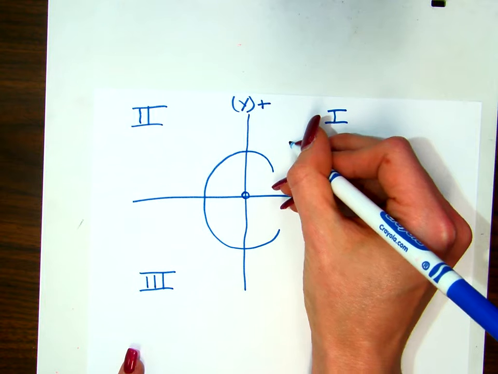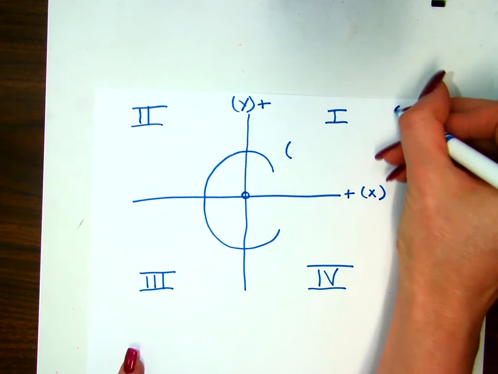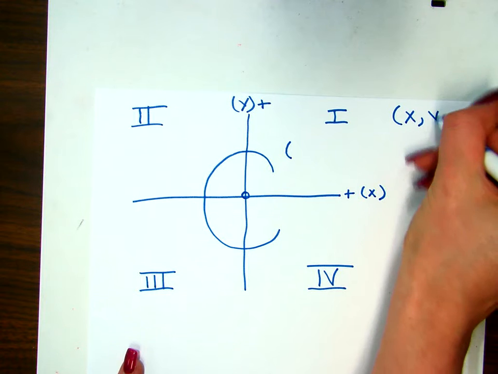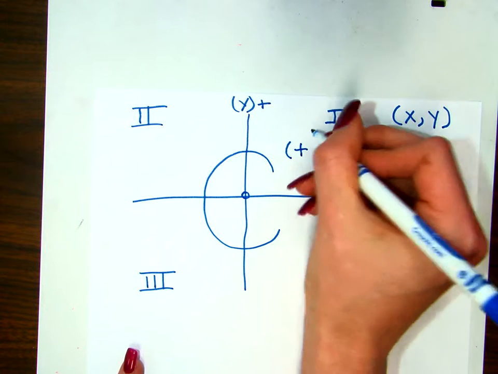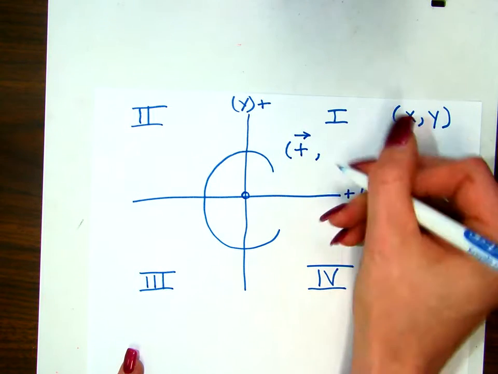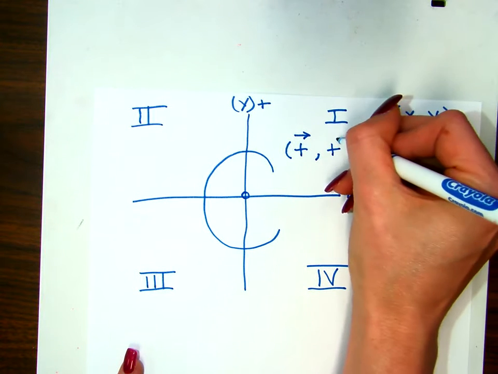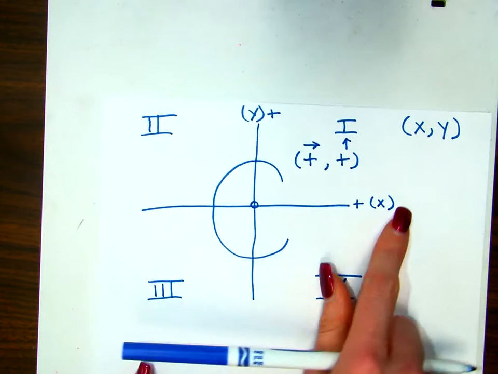So my ordered pair for my X and my Y, because remember, all ordered pairs have an X and then a Y, I can see that my X is positive because I am moving to the right, and my Y is also positive because my coordinate will be moving up the number line.